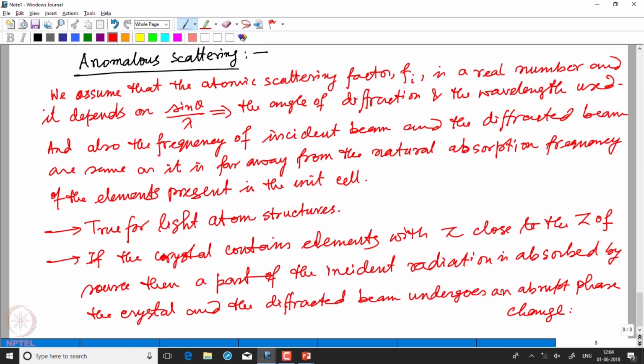So this effect is called the anomalous scattering of X-rays from a crystal which contains heavier elements.